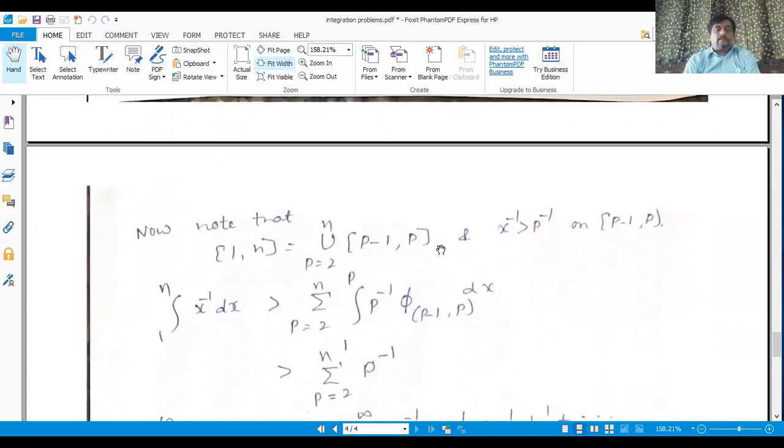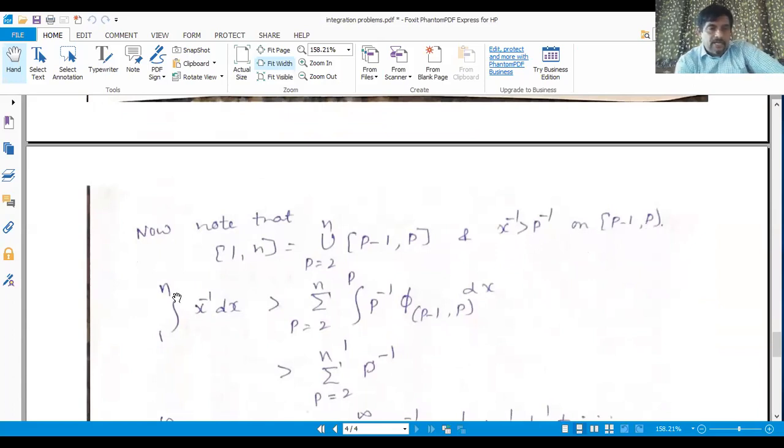Now we note that 1 comma n is an interval, because instead of infinity we take it as 1 comma n, the union of all the intervals p minus 1 comma p, with p running from 2 to n. You know that 1 by x is greater than 1 by p on the interval p minus 1 to p.